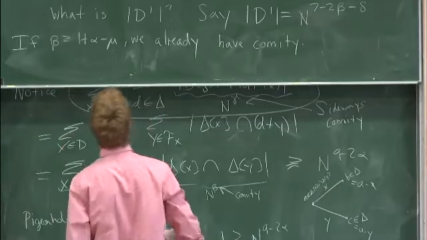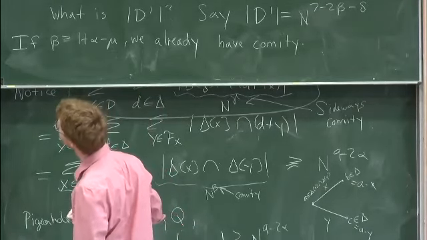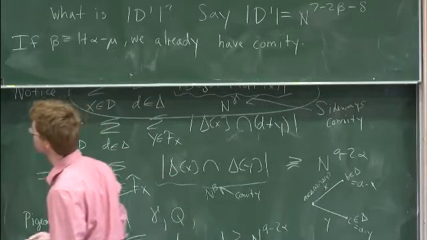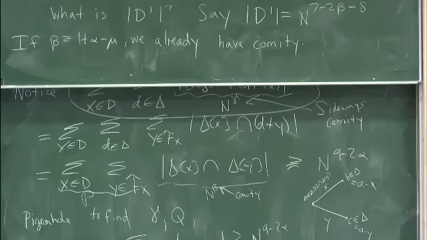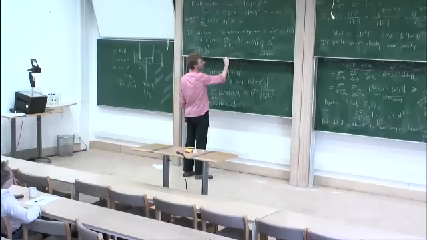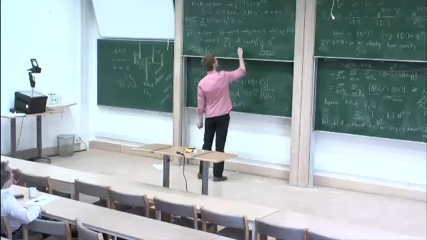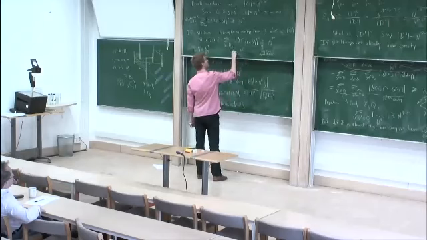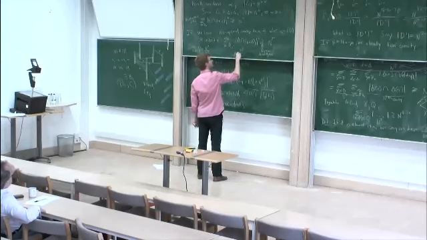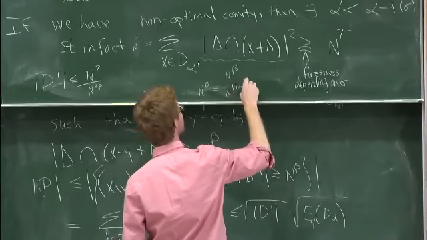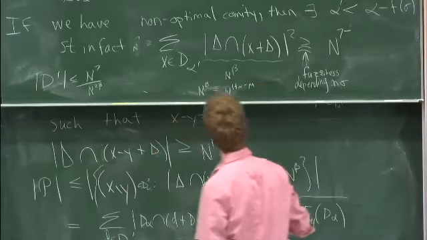So, if not, then what we found is a different set D prime, such that now this number is n to the beta, and n to the beta is equal to n to the 1 plus some number smaller than alpha.